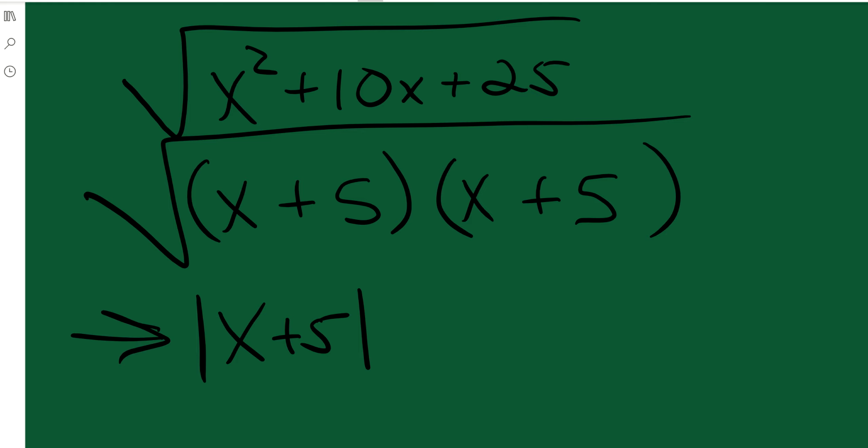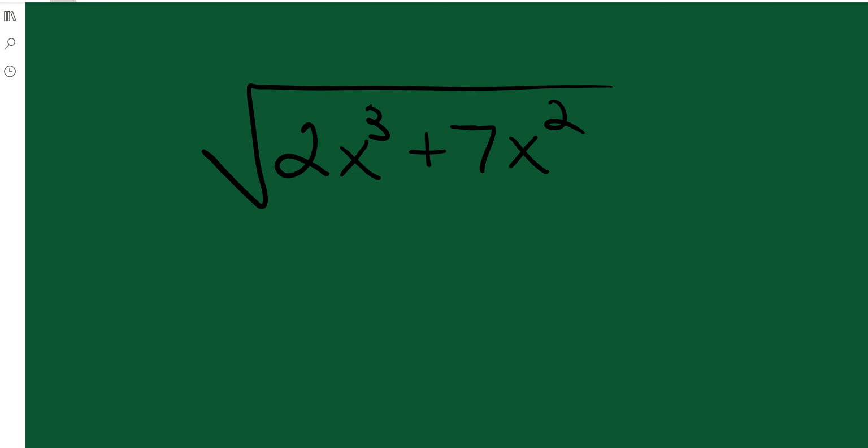Let's see if we got another one I can help with. All right, so therefore on this problem, we want to factor this. We can take out the x squared, it looks like. So if I do, it's going to be the x squared comes out front, and then I'm going to put back what's left over, which is 2x plus 7.